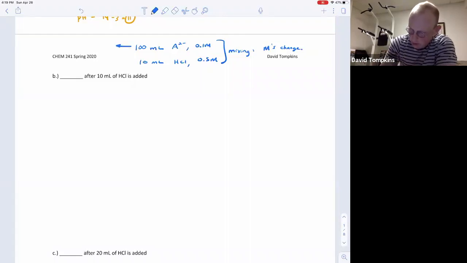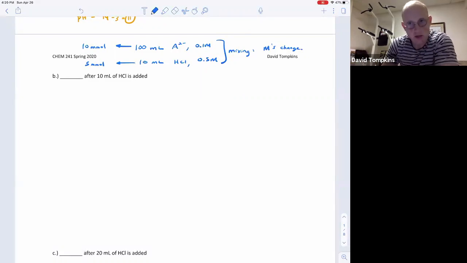So multiplying 100 times 0.1 will give you 10 millimoles of A2 minus, and 10 times 0.5, right, is 5 millimoles of HCl. So now we can do this table in millimoles, which does not change when we mix two things together.